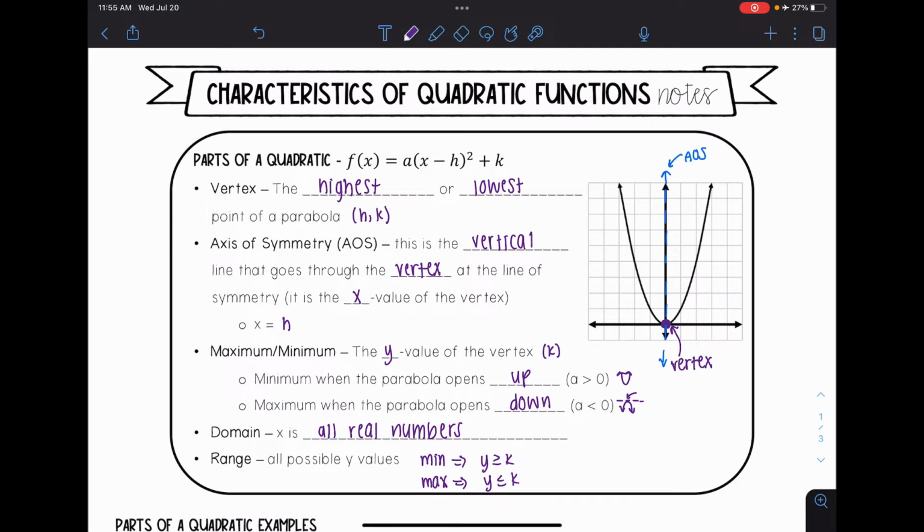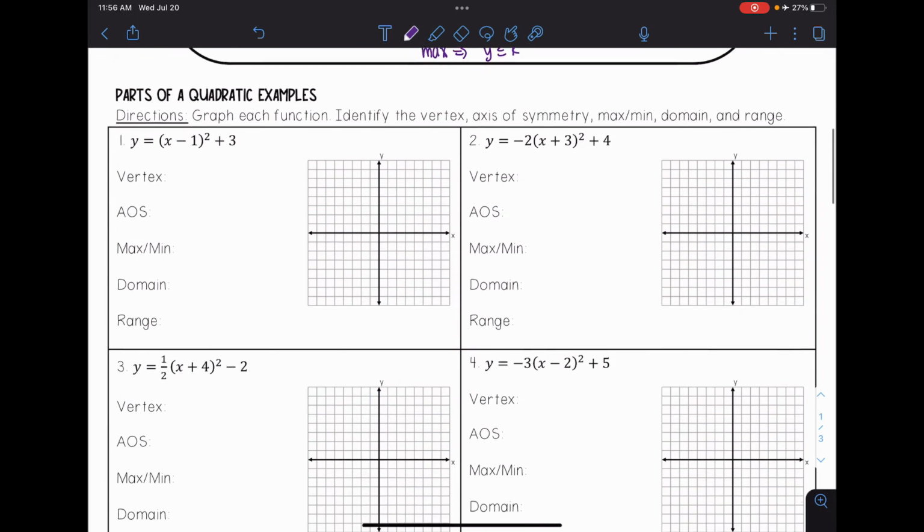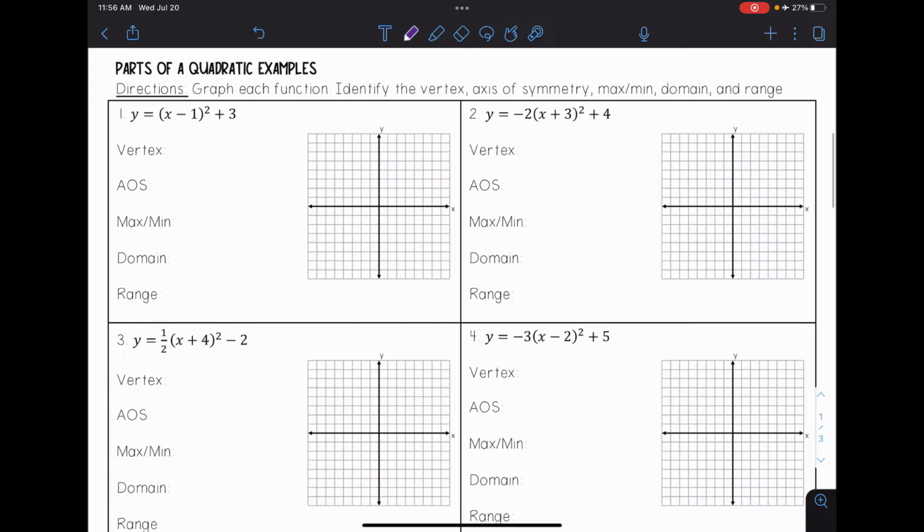So let's go through some examples of identifying these key features in a quadratic function. For all four of these, we're going to graph the function, and then identify the vertex, axis of symmetry, max/min, domain, and range. For this first one, I have y equals x minus 1 squared plus 3. First, I want to identify the vertex.